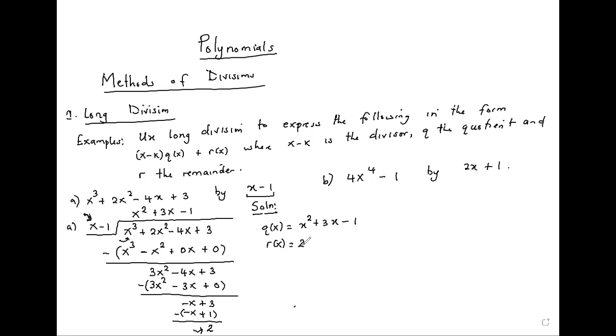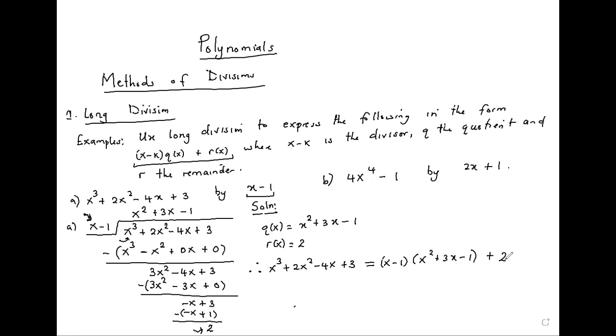And then we now write the expression, therefore, x3 plus 2x squared minus 4x plus 3 can be written as, in the required form, x minus k, that is x minus 1, multiplied by qx. Qx is x squared plus 3x minus 1 plus the remainder, which is 2.